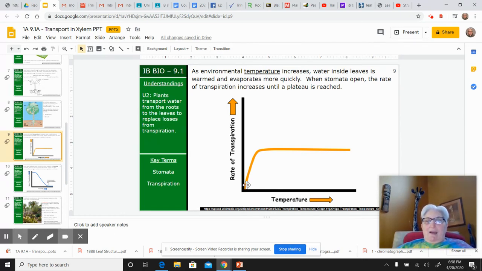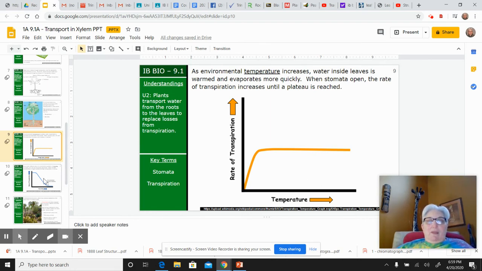As it gets hotter, as our temperature increases, our rate of transpiration will increase until we get to a point where the water has evaporated away, and we reach that plateau. The rate of transpiration increases until we hit that plateau.